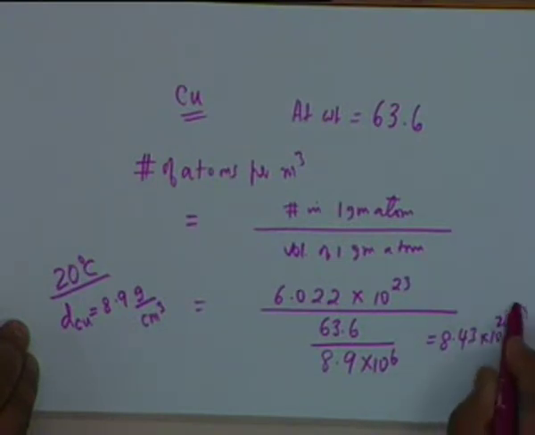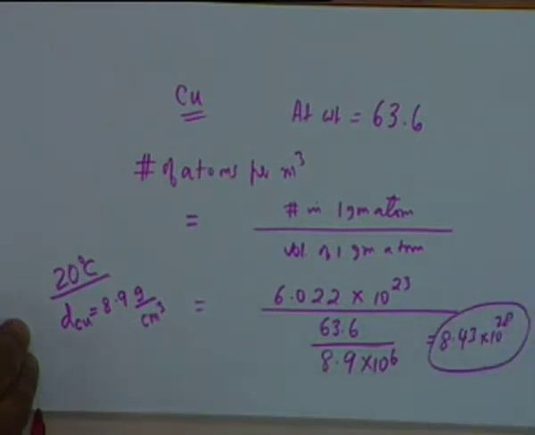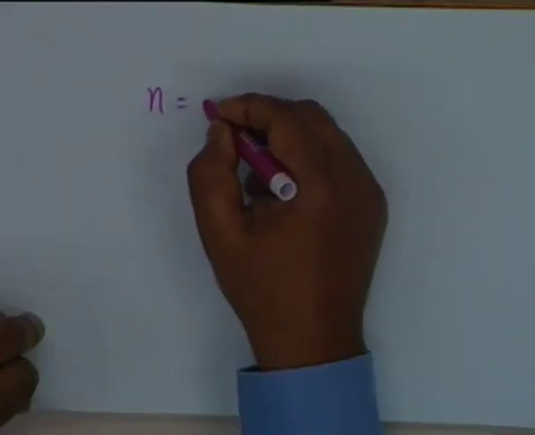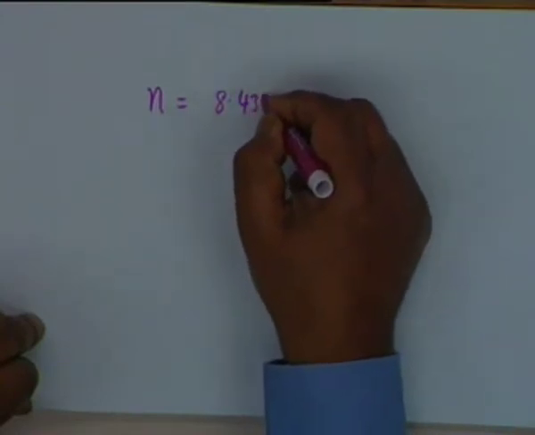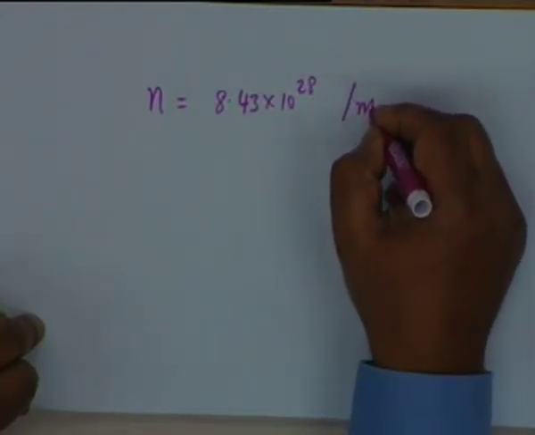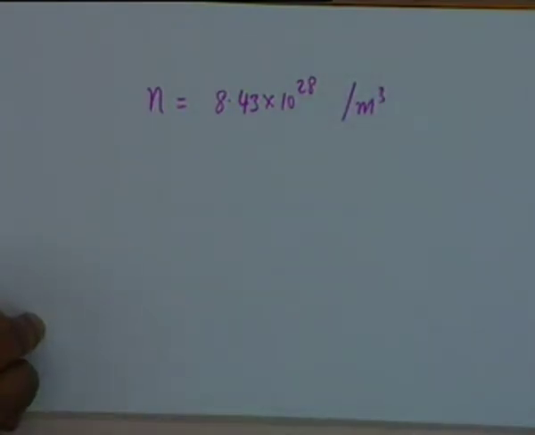So this is the number of atoms in 1 cubic meter of copper, and suppose every atom gives 1 free electron, then the number of electrons would be equal to 8.43 times 10 to the 28 electrons per meter cubed in copper.